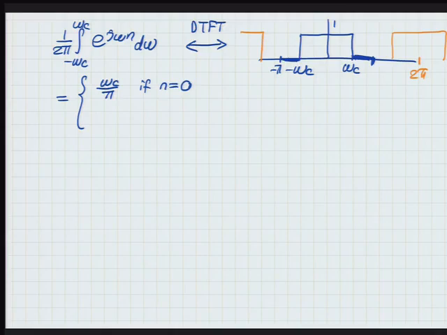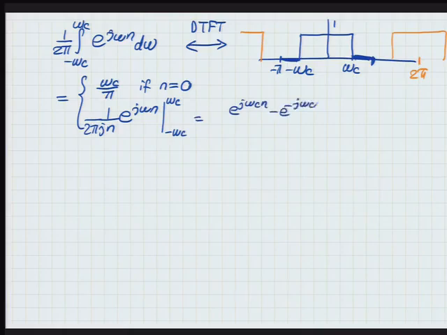If it's different than 0, then I do the indefinite integral, e to the j omega n over jn. Is that right? Yeah, if I take the derivative with respect to omega, I get jn, which cancels jn. It works, right? And then the limits of the integration are negative omega c and omega c. So that means I'm looking at e to the j omega c n minus e to the negative j omega c n, divided by pi n jn.